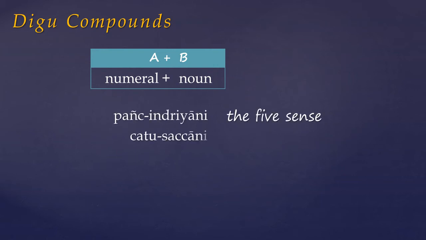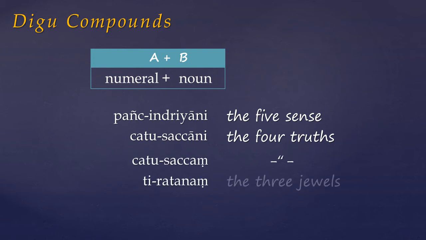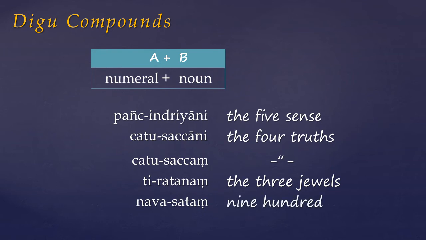For example, pañcindriyāni, the five senses. These compounds often take the plural form, but sometimes they act as collective nouns and are in the neuter singular. And as numbers above 19 are technically classed as nouns, the second member can also be a number.